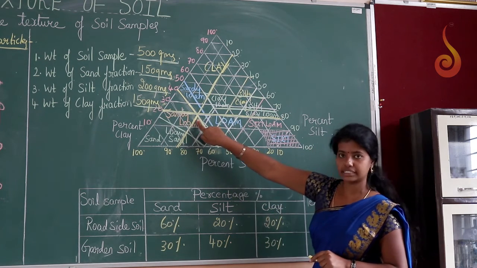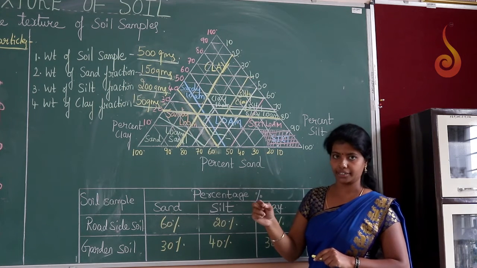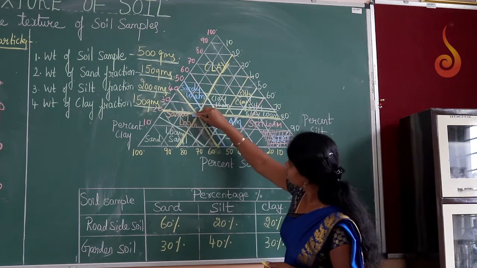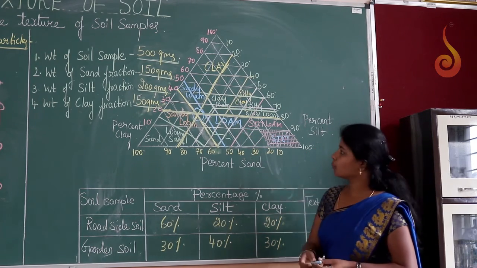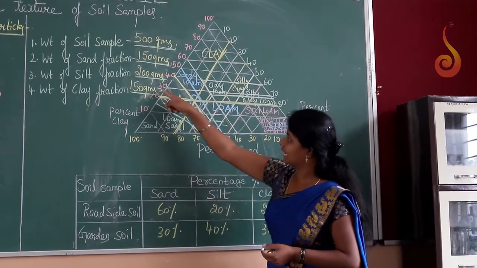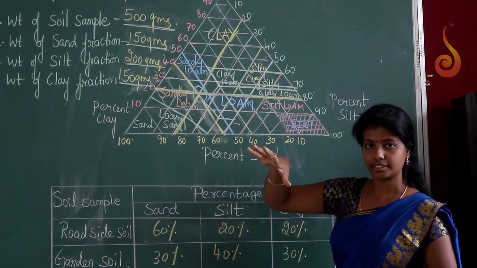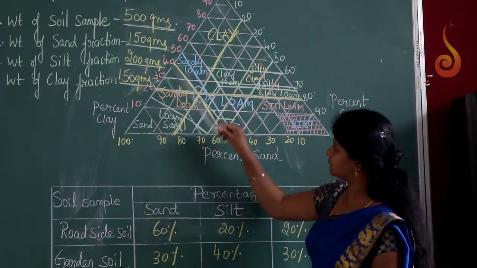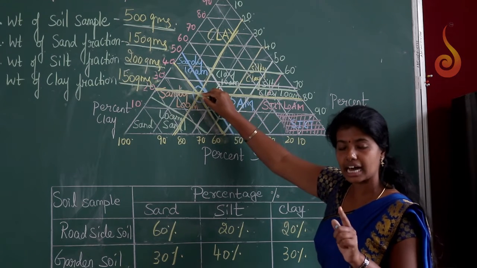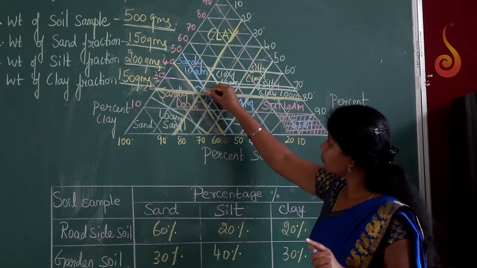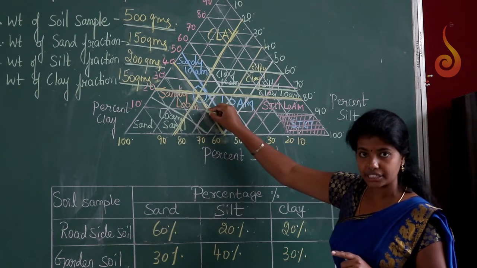So if you notice here, all the three lines meet at a common point. Now we are going to cover the area around this intersecting point. So we have to cover the area completely around this point of intersection.